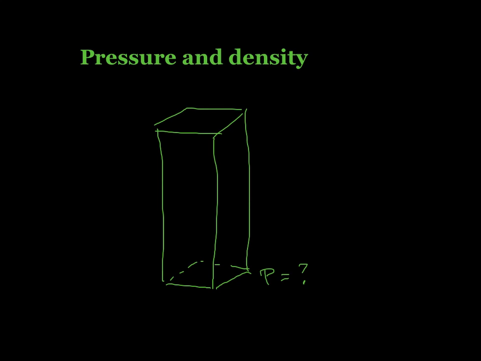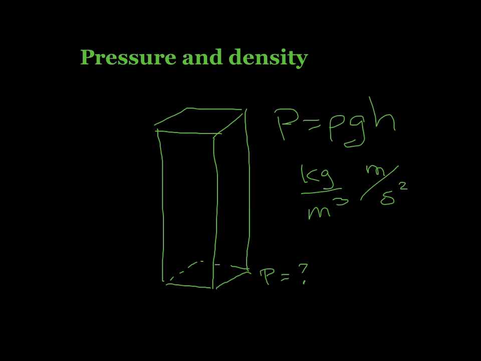Pressure and density are totally related to each other, and they use the equation pressure equals rho g h. Rho is kilograms per cubic meter, g is meters per second squared, times your height.